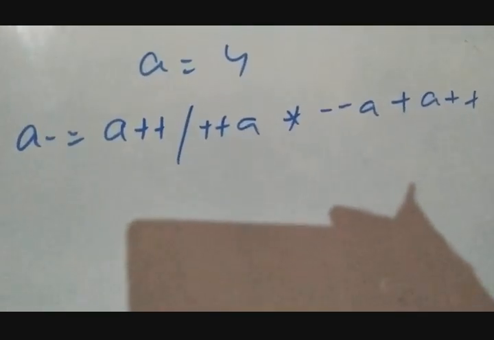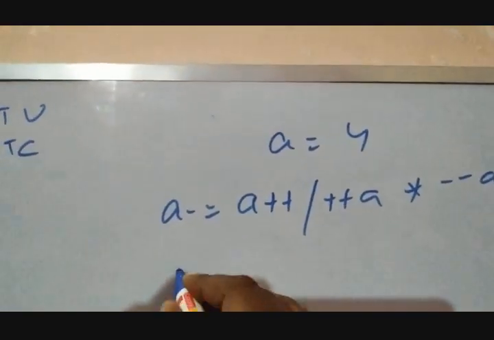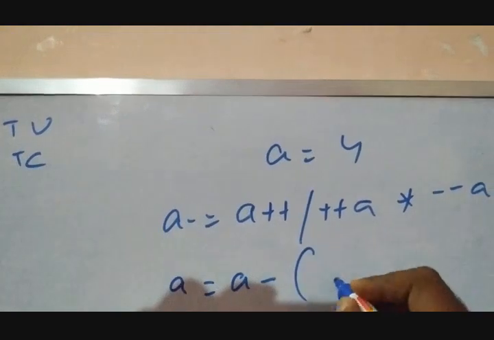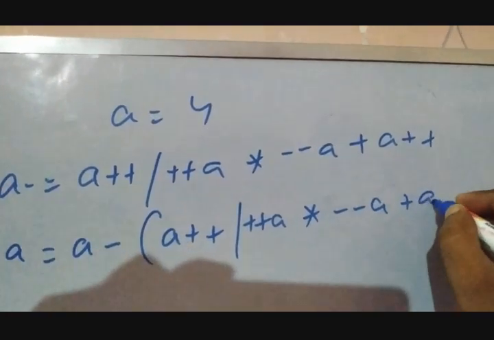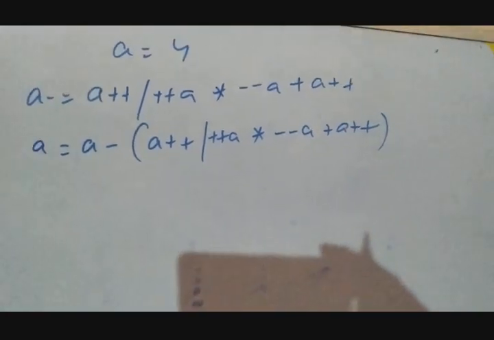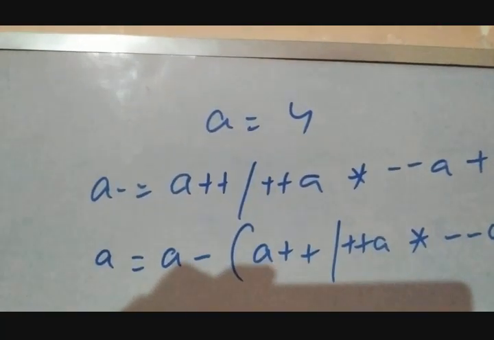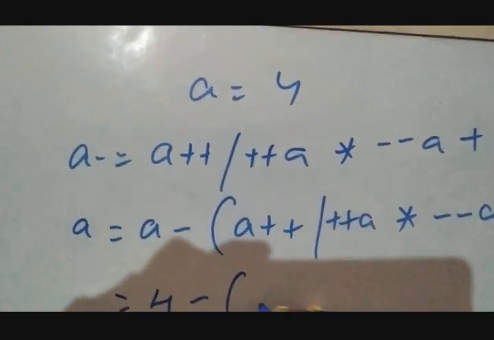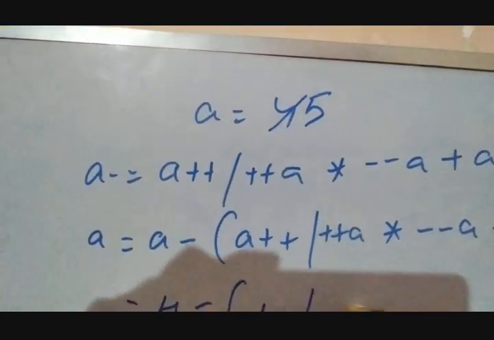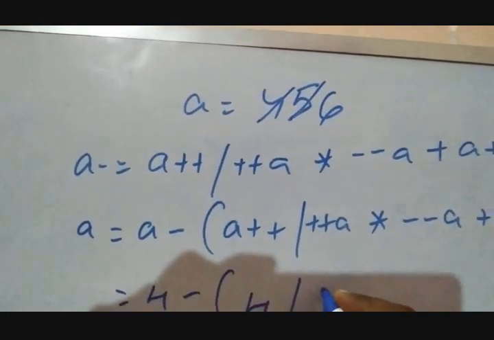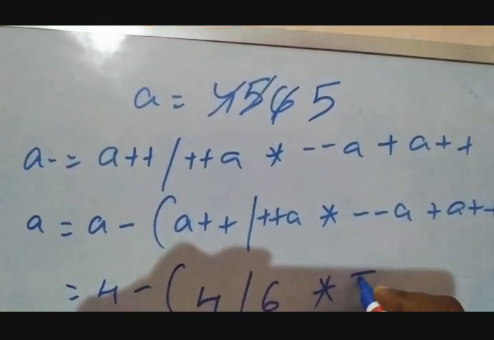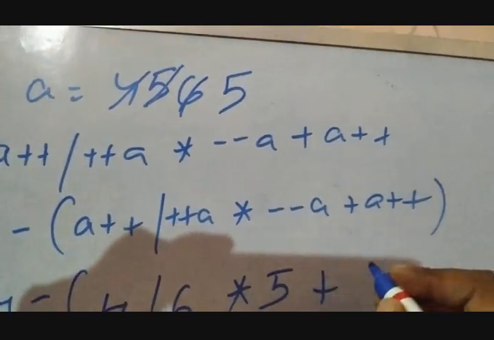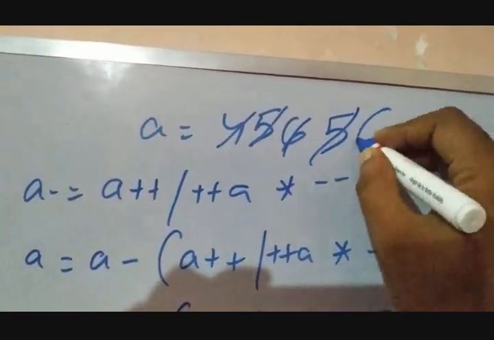So a = a -, then bracket, a++ / ++a * --a + a++. Now put the values here. The a value is 4 - (a++, use then change, / ++a, change then use, * --a, change then use, + a++, use then change).